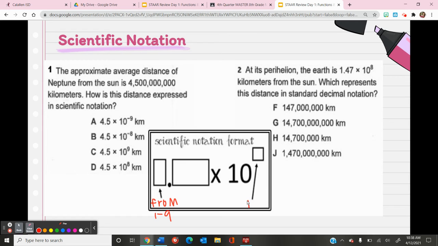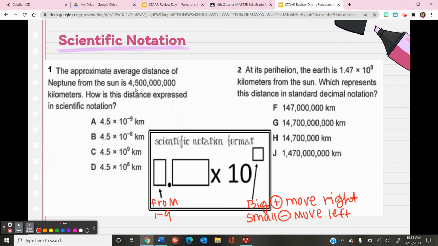So if your exponent is big, so it's positive, this means you're going to move to the right. If your exponent is small, which means it's less than 1, it's a negative number, you're going to move to the left.